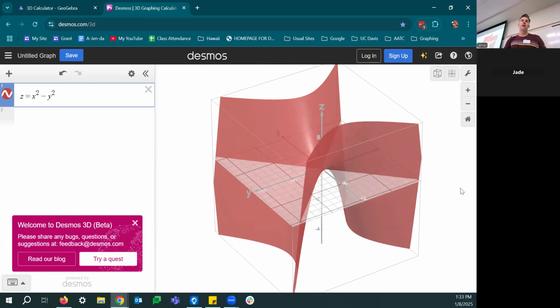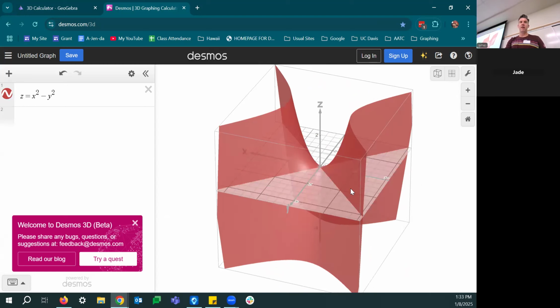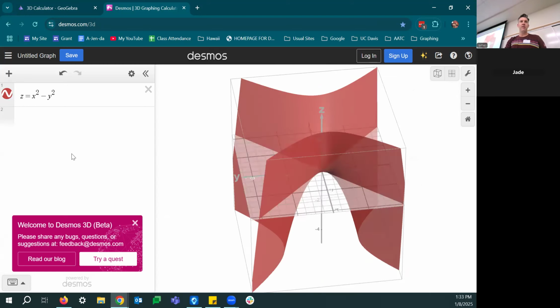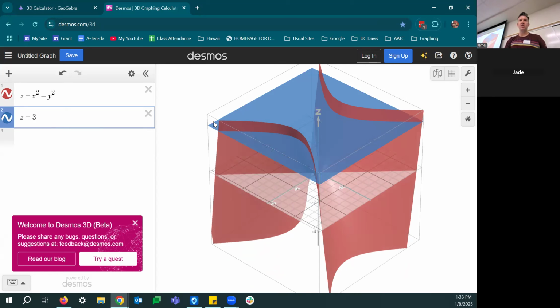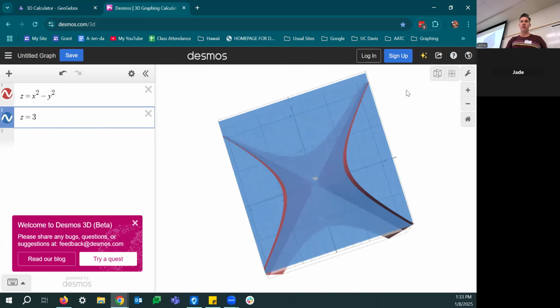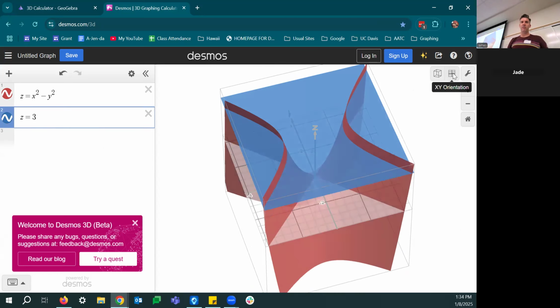But then you can also do things like, for example, if you want to see what this surface looks like at a certain elevation, I'm going to type in the elevation of z equal to 3. And then you can see where these two things intersect each other. And also, if you're smart, you can just hit this button over here that gives you the XY view.